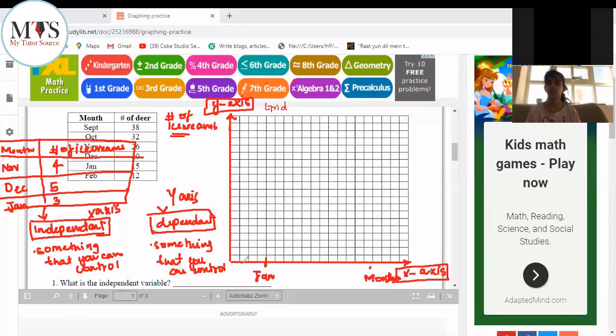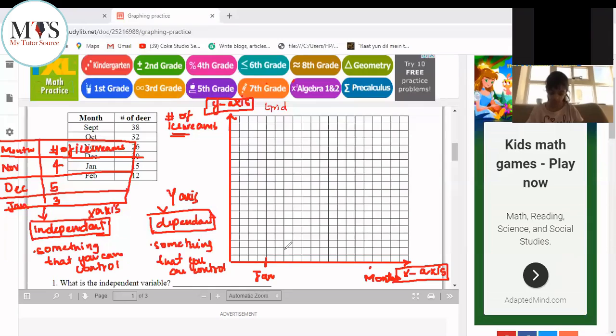Since I left 4 boxes over here, I could have put January over here as well and then left 4 boxes, but I chose to put it over here.